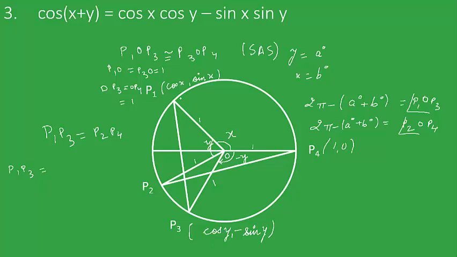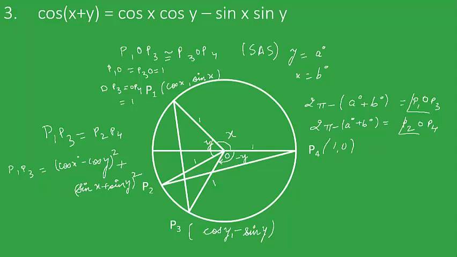Therefore P1 P3 will come out to be cos x minus cos y whole square, plus sin x minus of minus sin y, which is sin x plus sin y, whole square.